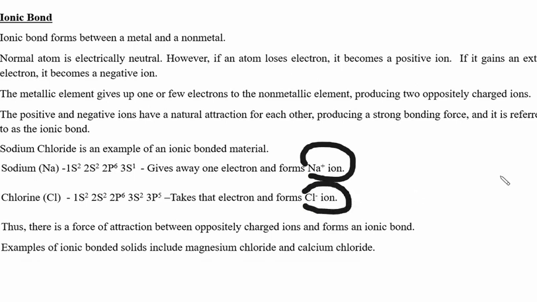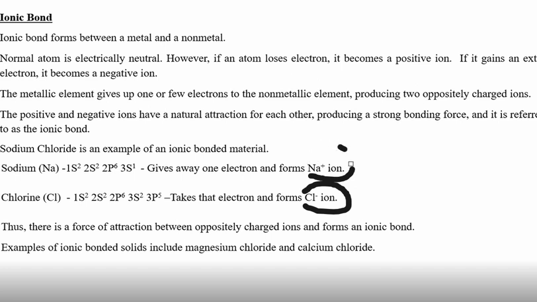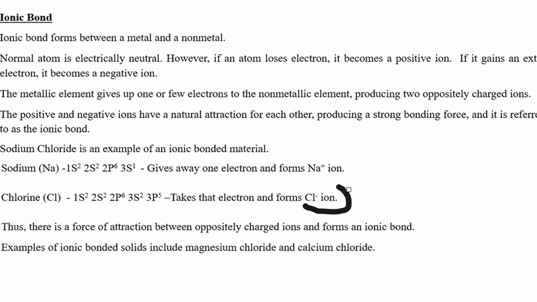Then it can remove that electron. Then it becomes a positive ion. So that removed electron can get into a chlorine atom. Then it becomes a chloride ion. It is negative, right? Then sodium is positive. Then chlorine is negative. Then you can have a connection between positive and negative. It is called ionic bond.